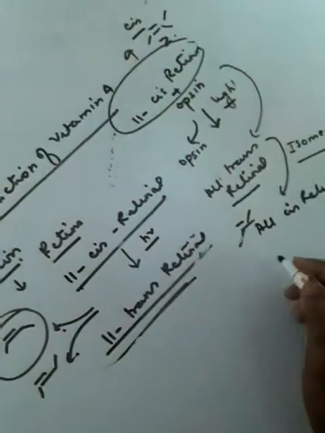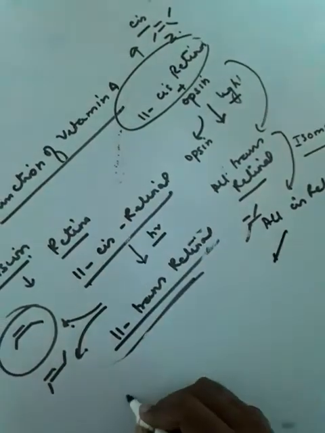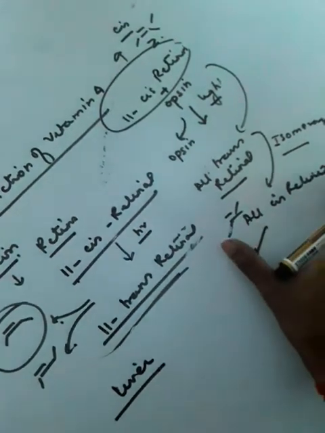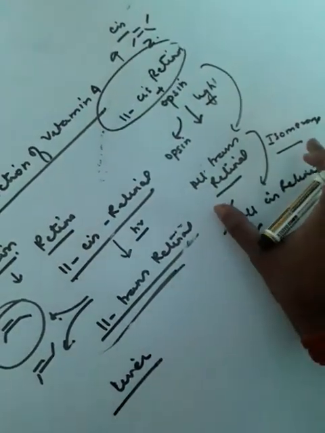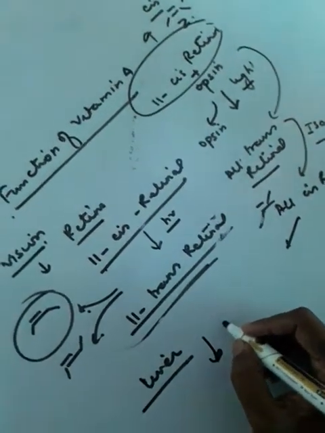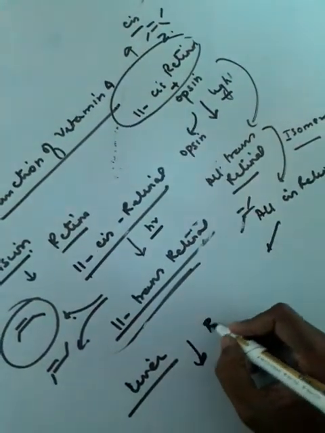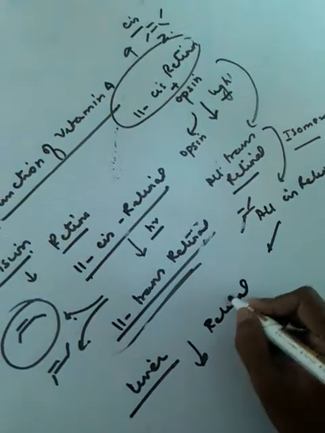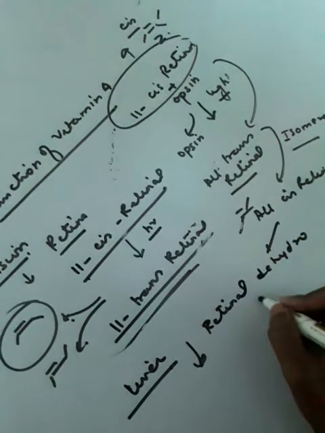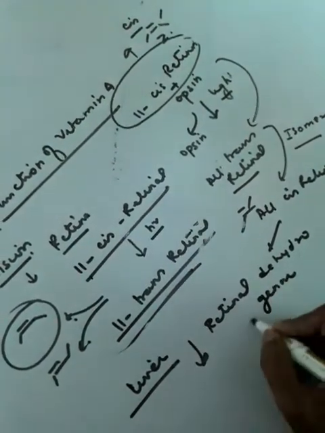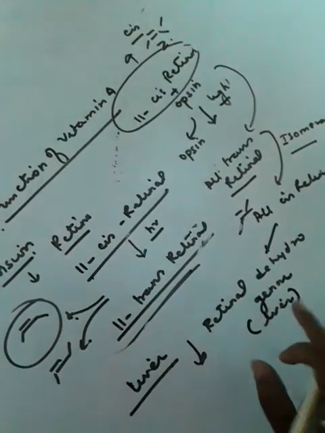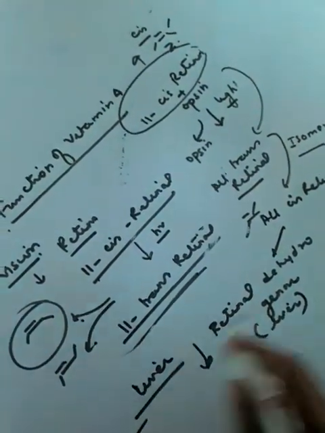And if you see all this in the presence of liver, when in the liver it reaches the cis retinol, there will be one enzyme, named retinol dehydrogenase, where it is excreted through the liver. Okay, so it is the liver mechanism.